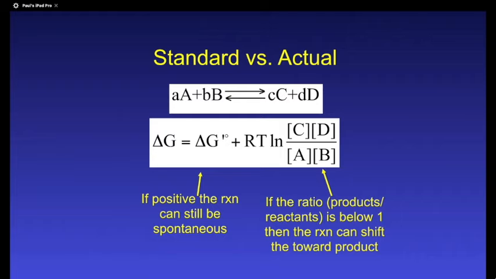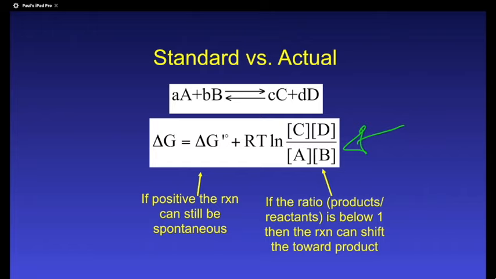Okay. What we can do is manipulate the reaction, and the standard delta G, it may actually be positive. Okay. But if we manipulate the ratio, okay, and we make the ratio below 1, that value, that RT natural log, can actually become a negative value.